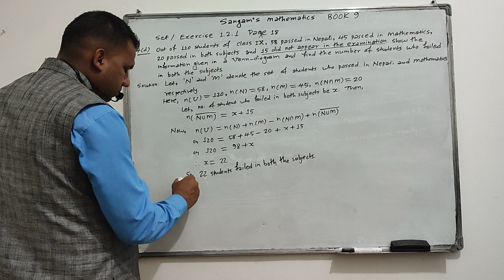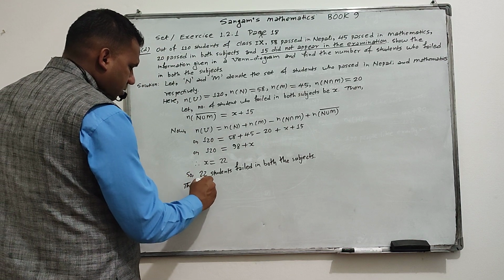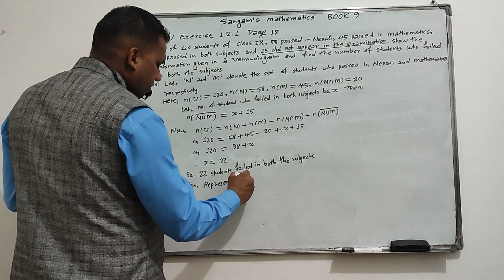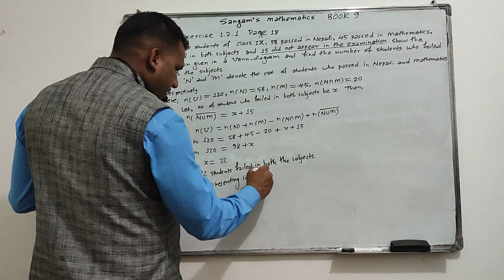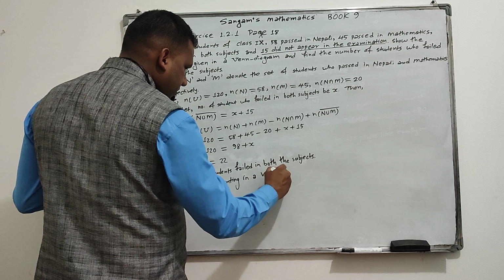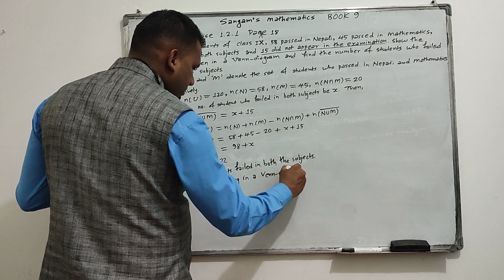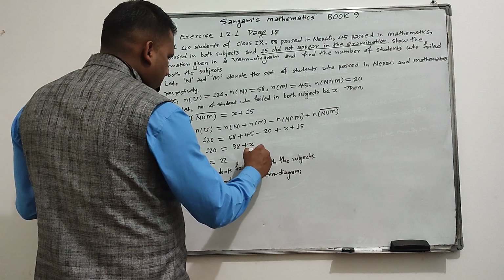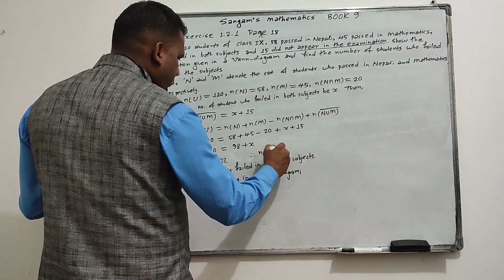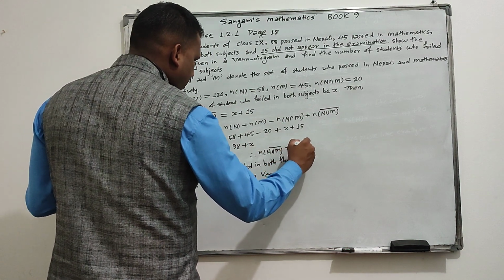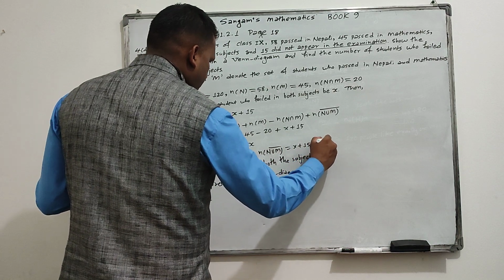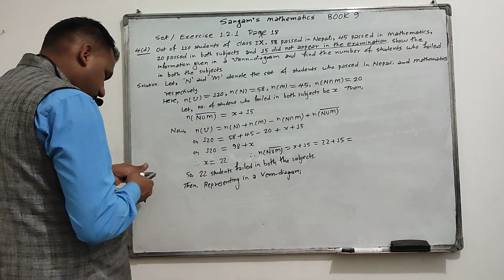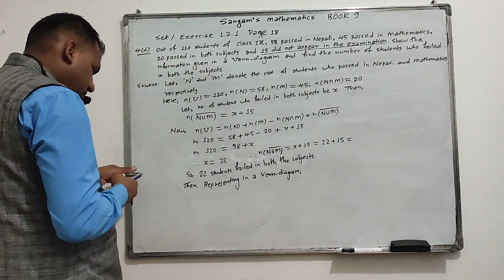Then representing in a Venn diagram, here n((N union M) whole complement) equal to x plus 15 equal to 22 plus 15 equal to 37.